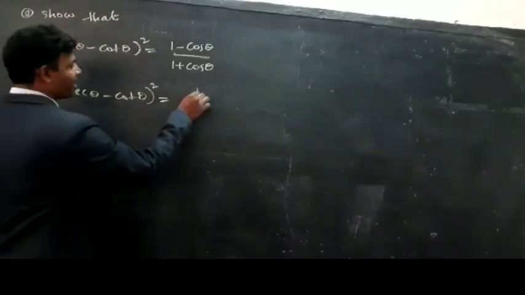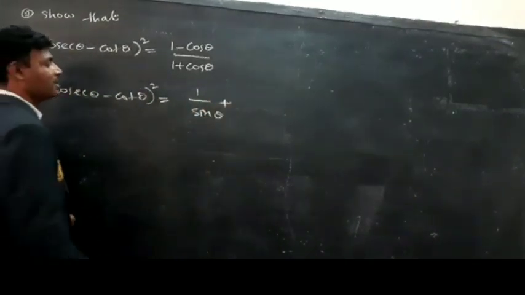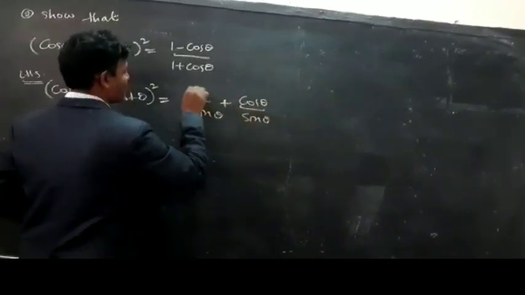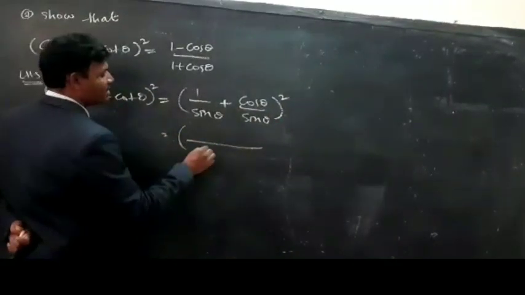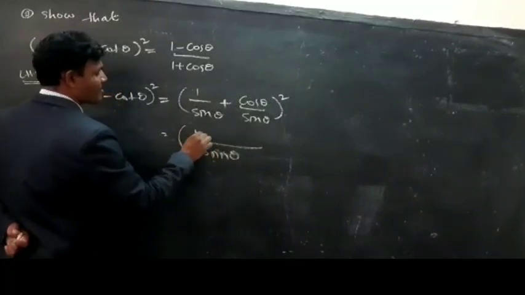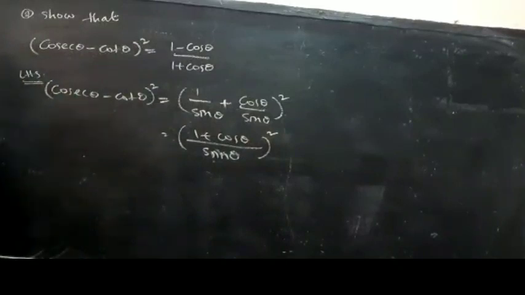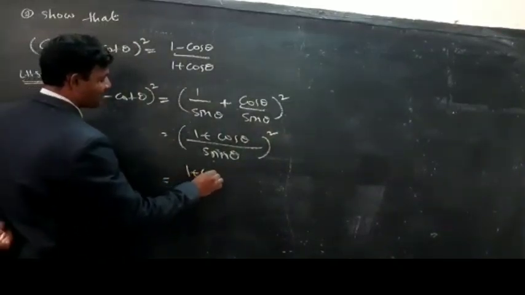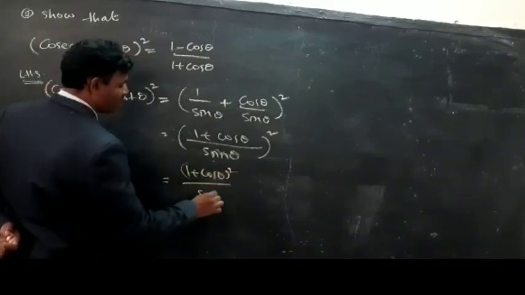So cosec theta we can write as 1 by sin theta, and cot theta is nothing but cos theta by sin theta, whole square. After taking the LCM, (1 plus cos theta) by sin theta whole square. So by applying the power, (1 plus cos theta) whole square by sin square theta.